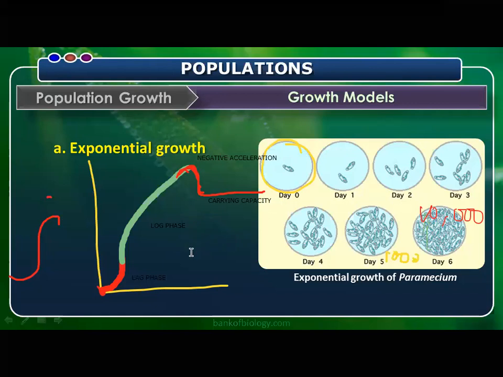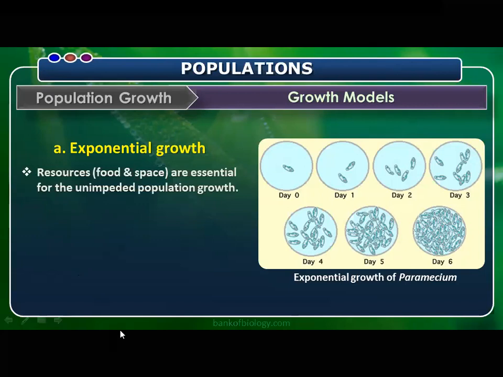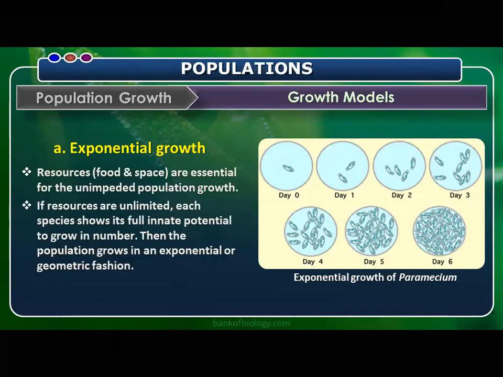Now, let's talk about what is given in the NCERT textbook. Resources, the food and space we call resources, are essential for unimpeded population growth. If the resources are unlimited, each species shows its full innate potential to grow in number.